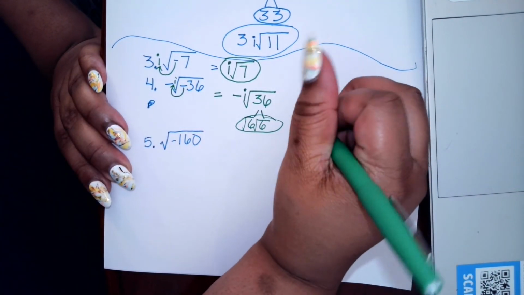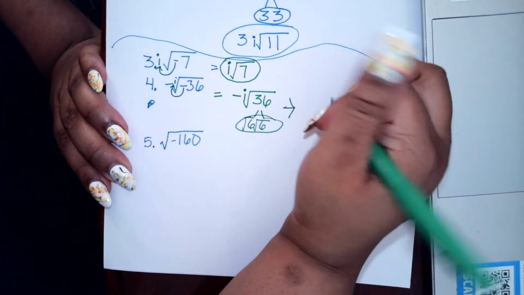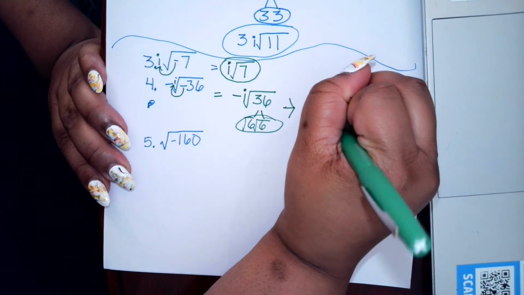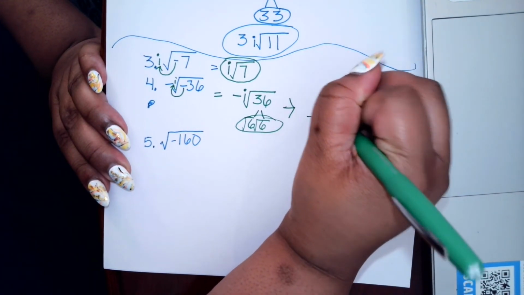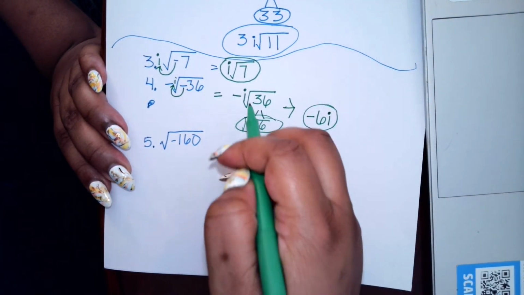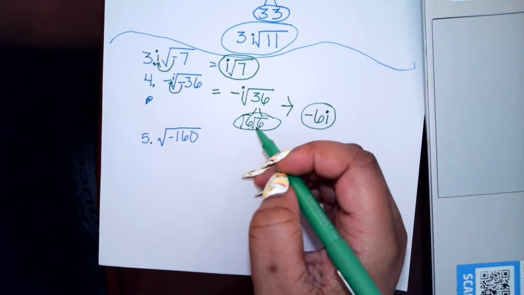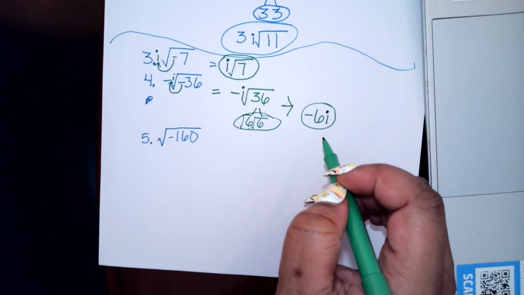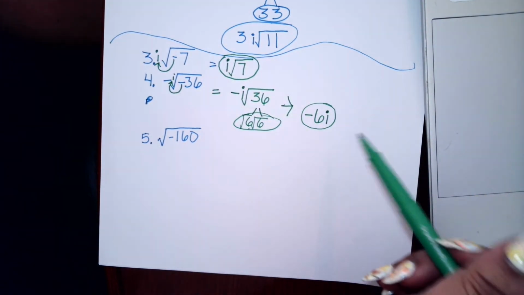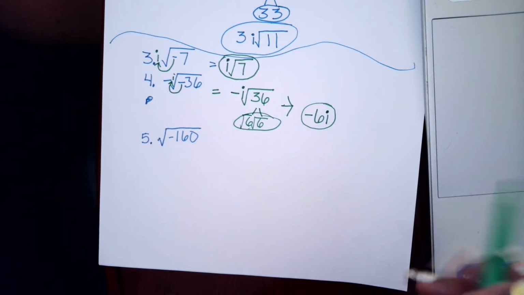So it would be -6i. That's what your answer would be, because we don't need the square root symbol since we already got the square root, which was 6. So we took that symbol away, we replaced it with 6, and that's where it goes. And that would be what your answer is supposed to look like.